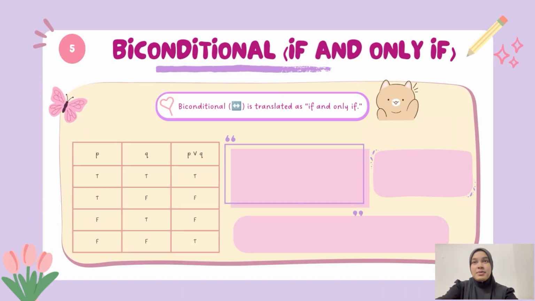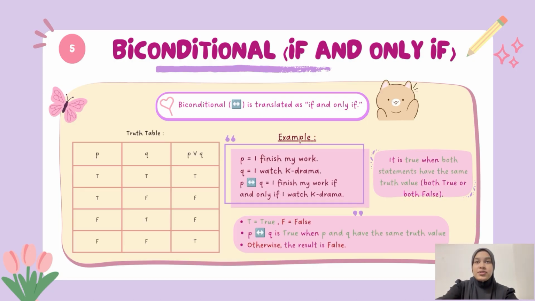Next, I will explain the biconditional, also known as if and only if. The biconditional is represented by the if and only if symbol. It combines two statements and is true only when both statements have the same truth value. This means both statements must be true or both must be false. For example, let P represent I finish my work and Q represent I watch K-drama.